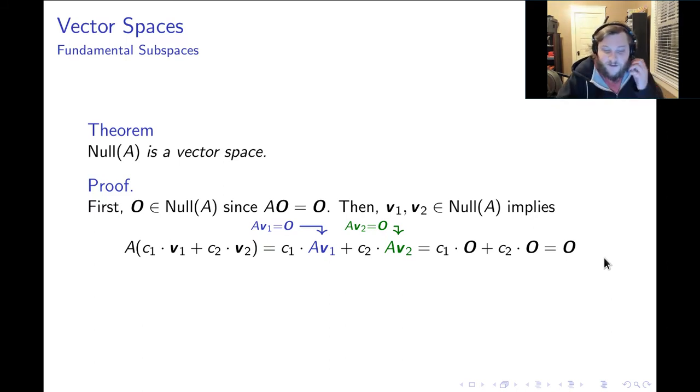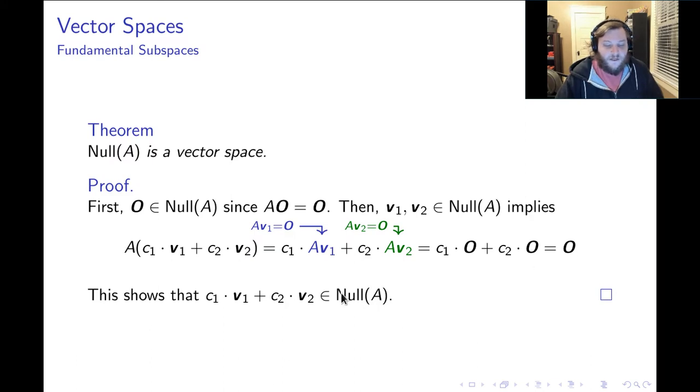So this argument tells me that if I start with any two vectors in the null space, and then I take a linear combination and multiply by A, I produce the zero vector. This tells us that the linear combination we were looking at does live in the null space. So if you start with any two vectors in the null space and you take a linear combination, you produce something that lives in the null space. And this is the proof that the null space of any matrix is a vector space.